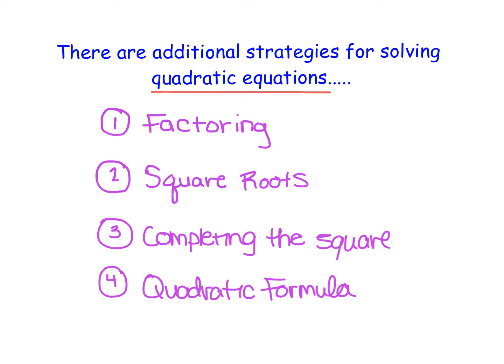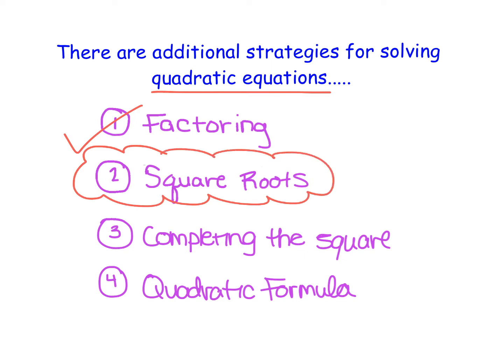The first strategy is factoring, which we've already studied. We can use the different factoring strategies and the zero product property to help us solve quadratic equations. The second strategy, which this video is going to focus on, is the square root strategy. And then there are 2 more strategies that we'll study later on in this chapter called completing the square and quadratic formula. But this particular video is focusing on the square root strategy.